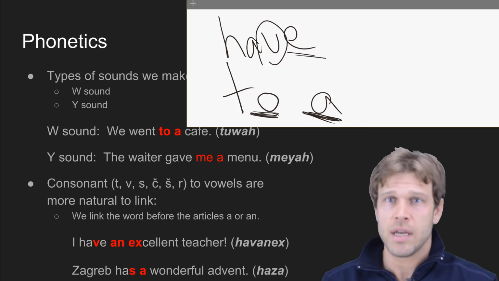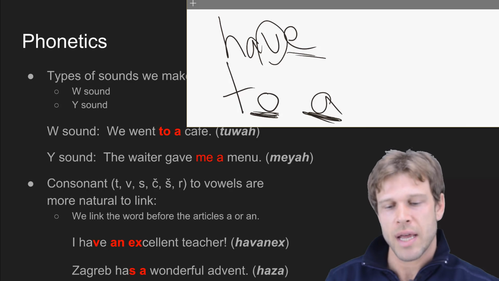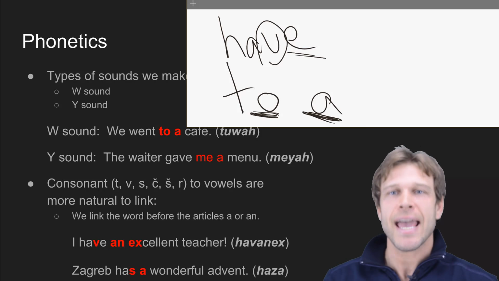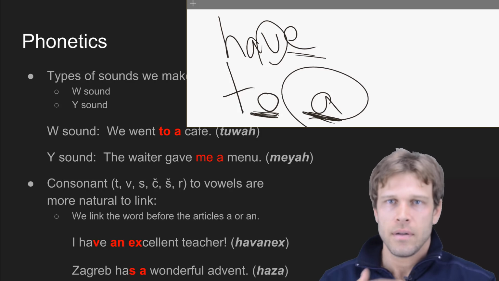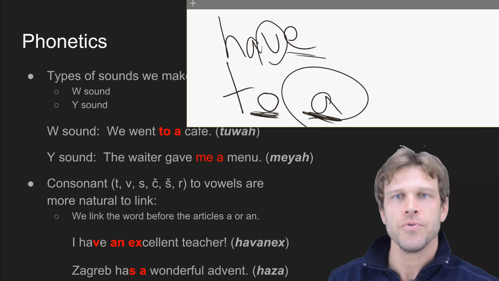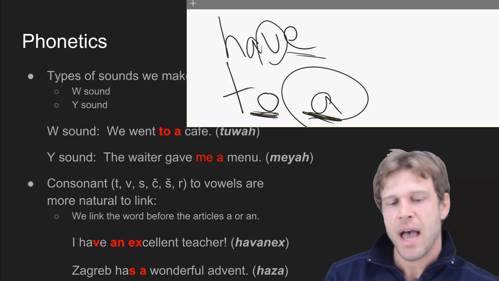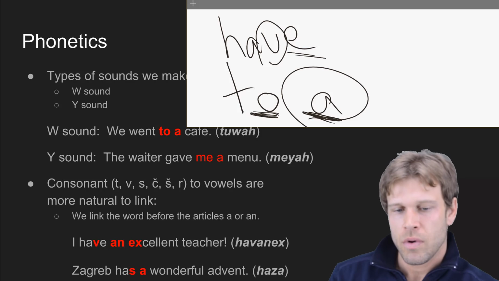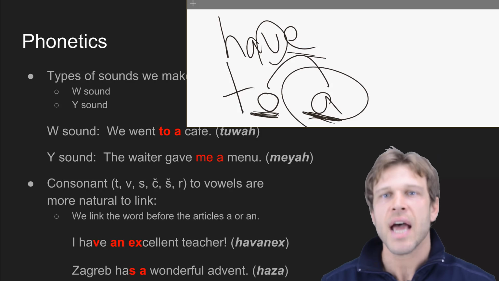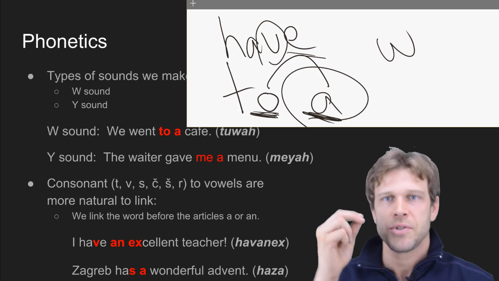I hope you did, but I understand if you don't. Because we do not stress A, we say it very subtly, okay? We went to a cafe. Now, this actually produces a W sound. Tua, tua. We went to a cafe.